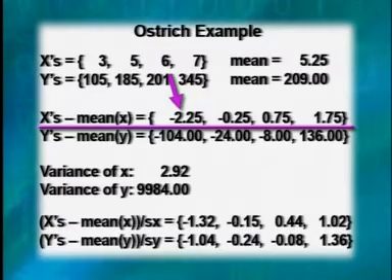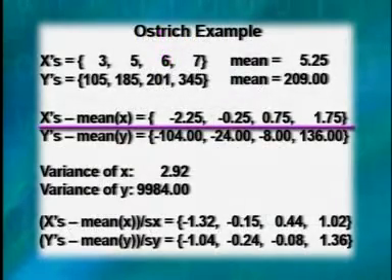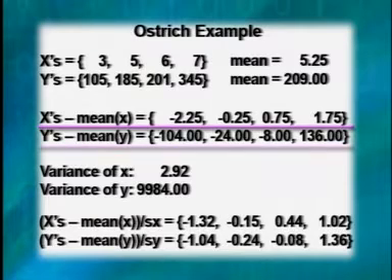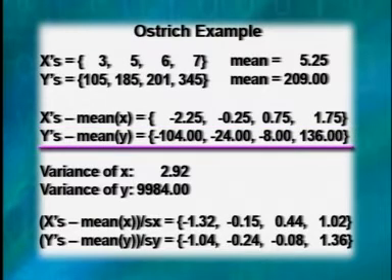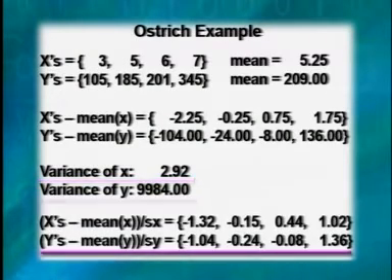Remember back here, I'll go back to our formula, where the first thing you do is subtract. For each value, you subtract the mean. So we subtract, we get these values, the differences from the mean, and we find the z-scores.